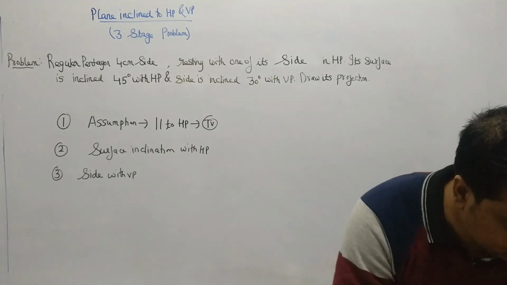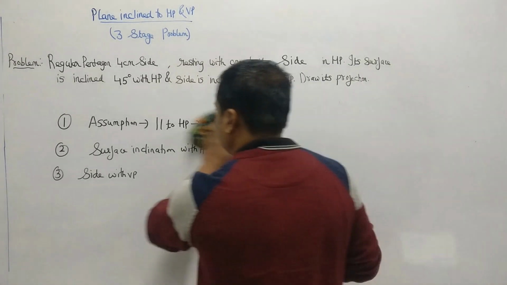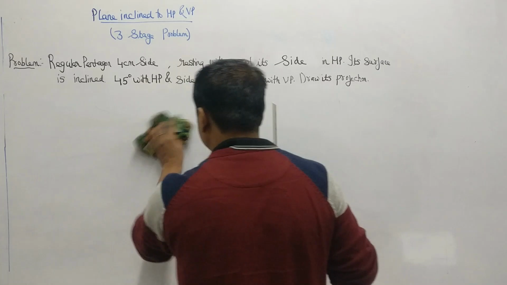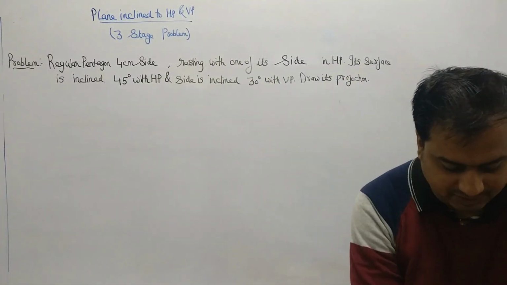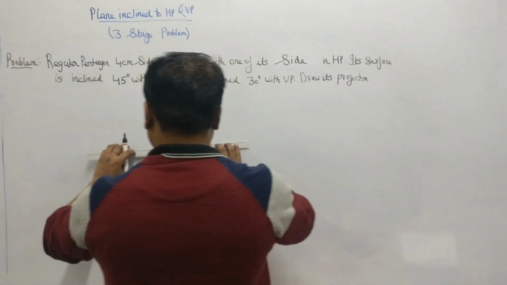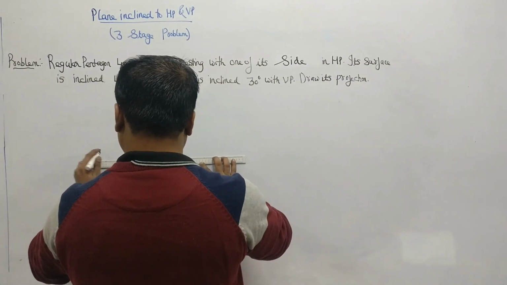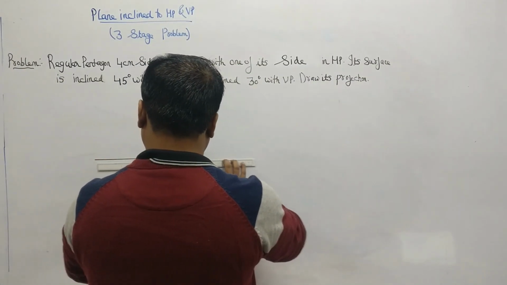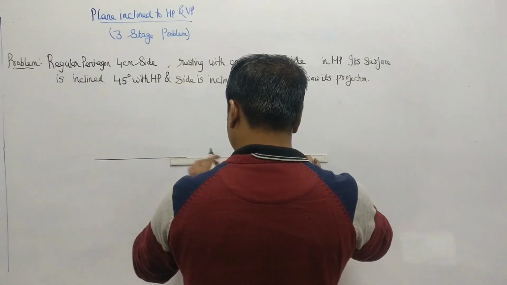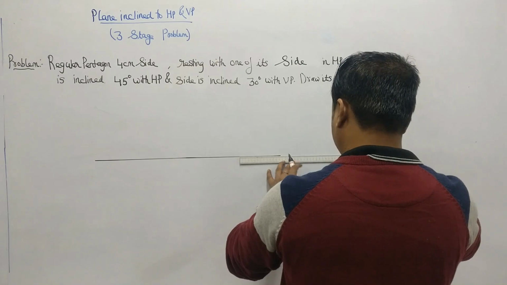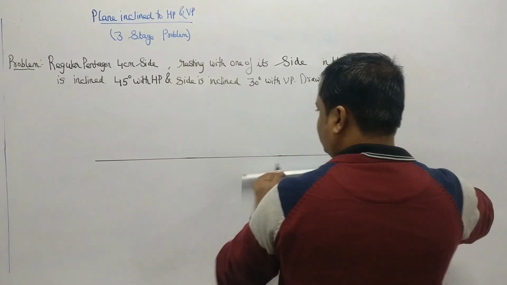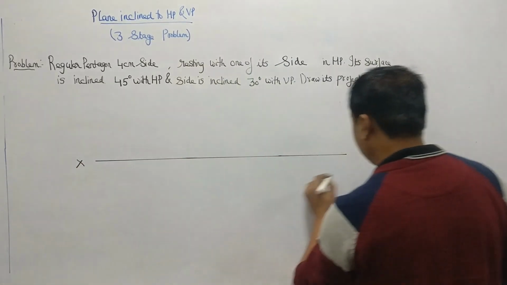So the first step is assumption. We have assumed that the pentagon is parallel to the HP, so the top view will be the true shape. First start with the XY. This is the reference line XY.